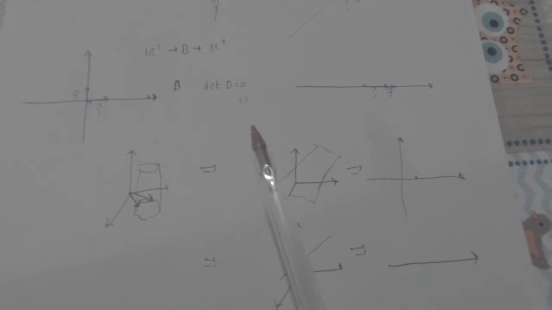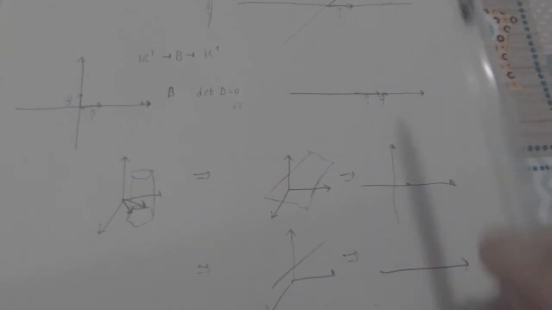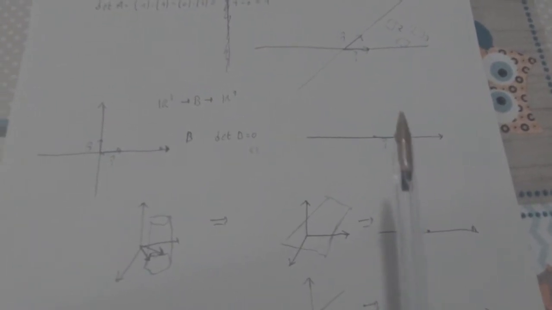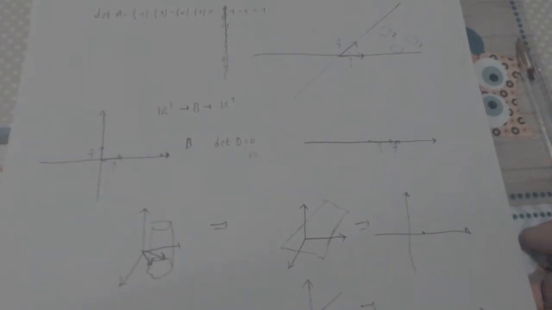If that determinant is negative, it means that it's going to be scaled by that number, but there's been a flip of the space. That's kind of tricky to show you with pen and paper in R2, and even trickier to show you in R3. But this is actually what you have to imagine. So a flip.